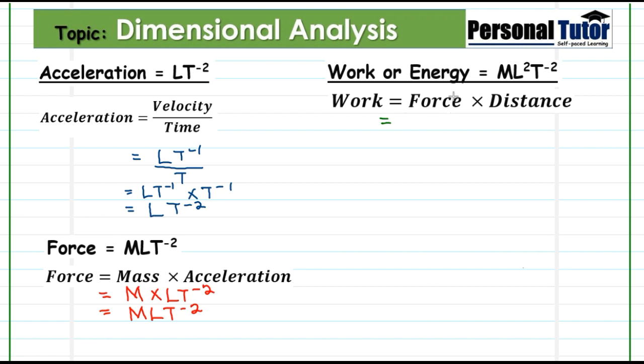Now, force has already been expressed here as MLT exponent negative 2, so I will quote that, multiplied by distance, which expresses length, and so that is also an L. By the rules of indices, these L's have a power of 1 each and they are multiplying, and so the exponents are added, and that will amount to ML exponent 2 T exponent minus 2.